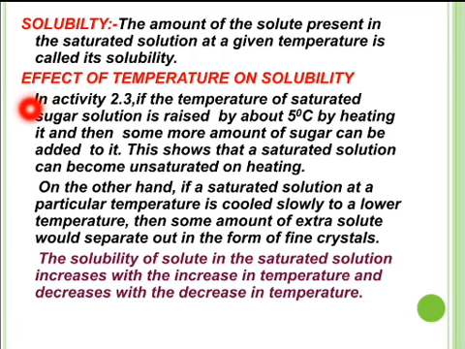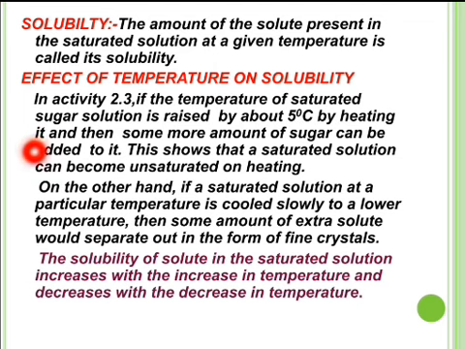We can increase the solubility of a saturated solution so that more solute can be added to it only by increasing the temperature. If you raise the temperature of the saturated sugar solution that you prepared in the previous slide by about 5 degrees Celsius by heating it, then you can see that the saturated solution can become unsaturated and some more amount of sugar can be added to it.